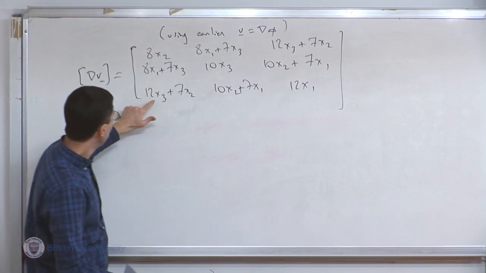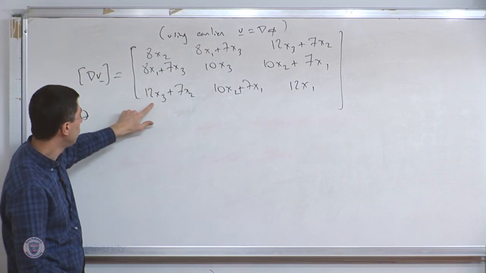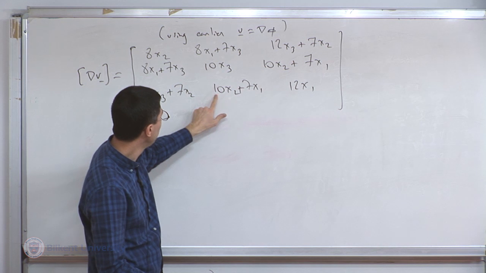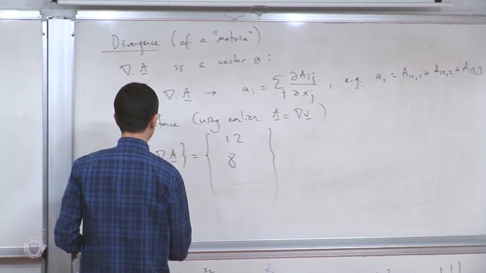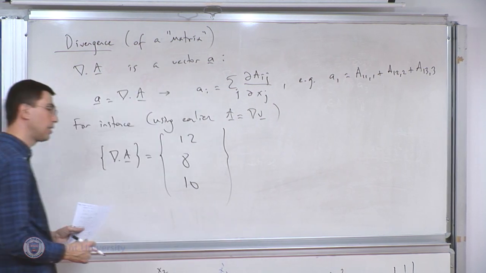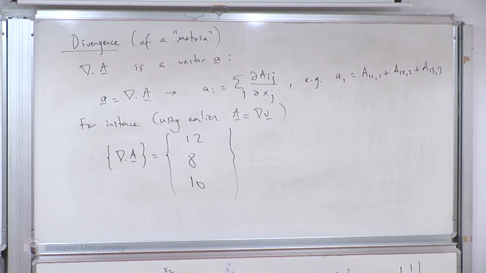And the last one, A31,1 is 0, A32,2 is 10, plus A33,3 is 0, so it's only 10. So in this case, it came out to be a constant. It's not a function anymore.